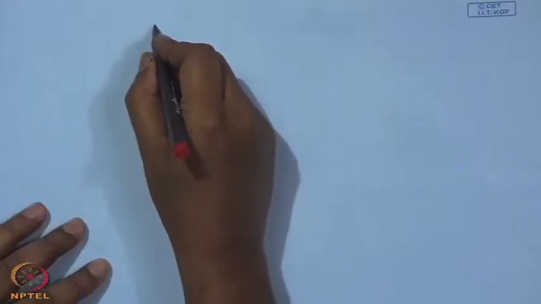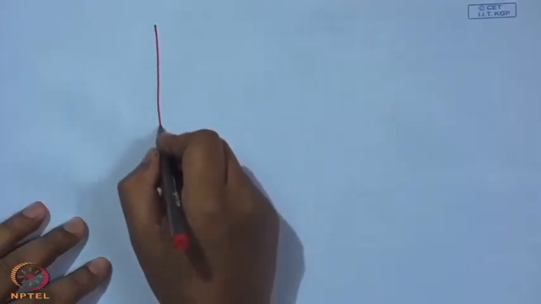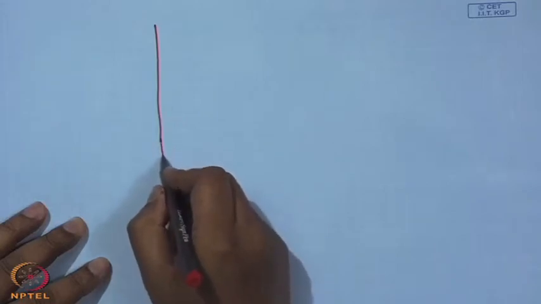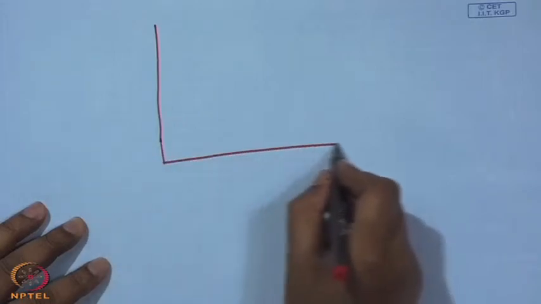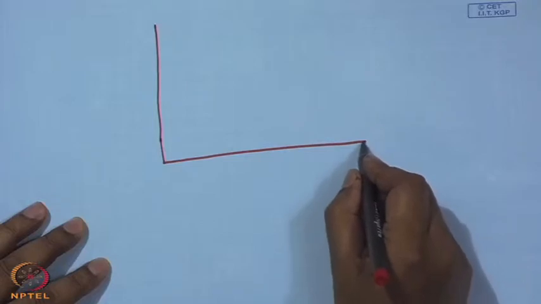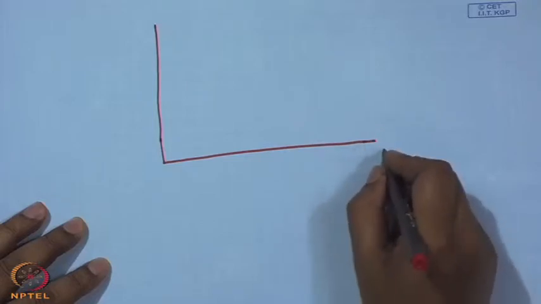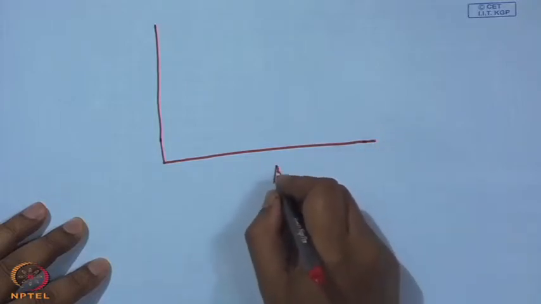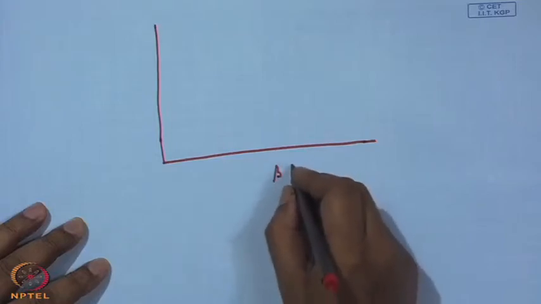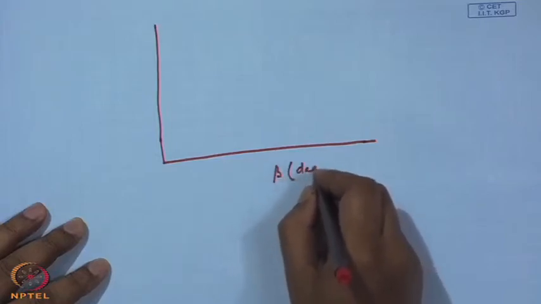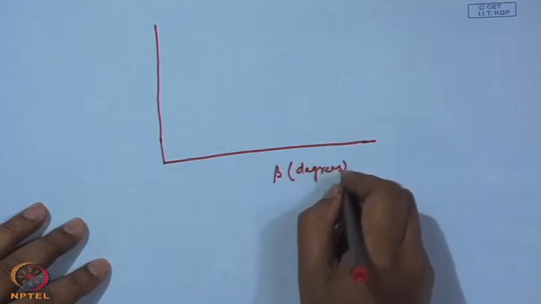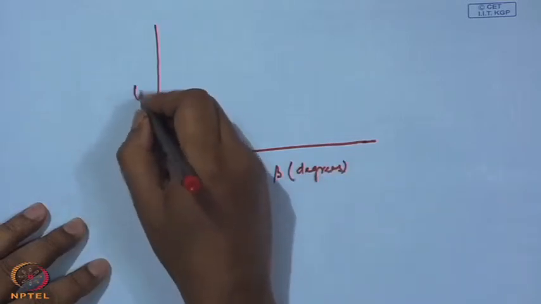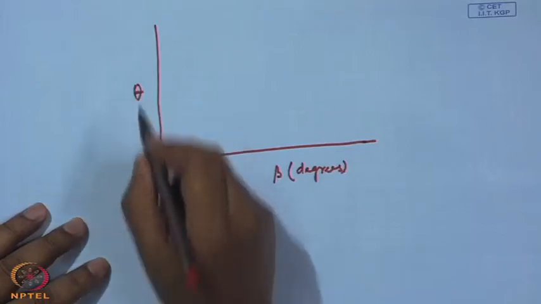We can plot this m theta beta relationship, say beta in degrees and theta is also, let us say, in degrees.